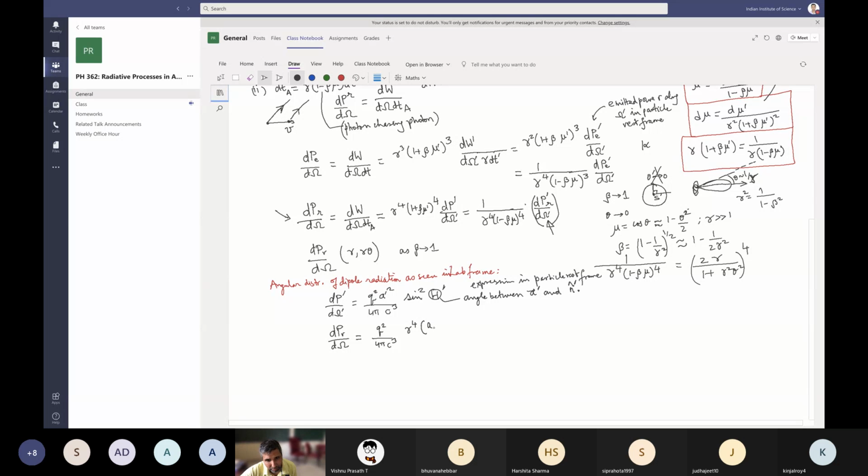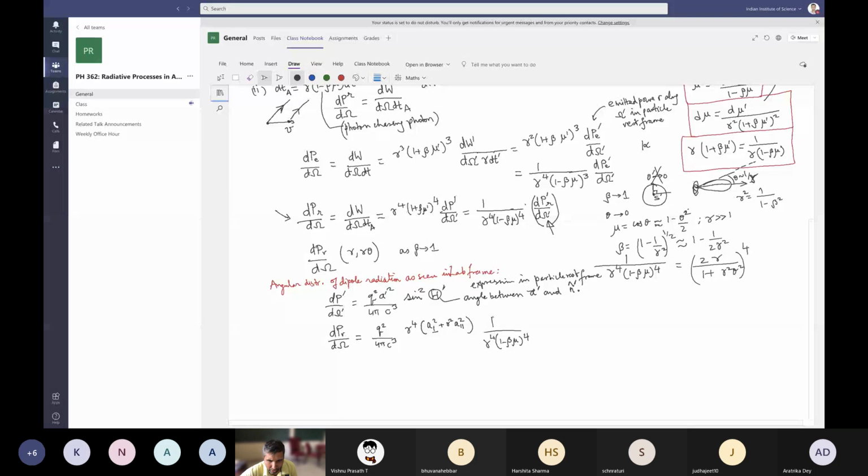a perp squared plus gamma squared a parallel squared. So this is your a prime squared expressed in terms of lab frame accelerations. Then we have this 1 by gamma to the 4, 1 minus beta mu to the 4, and this dP prime by d omega prime is what we substituted.